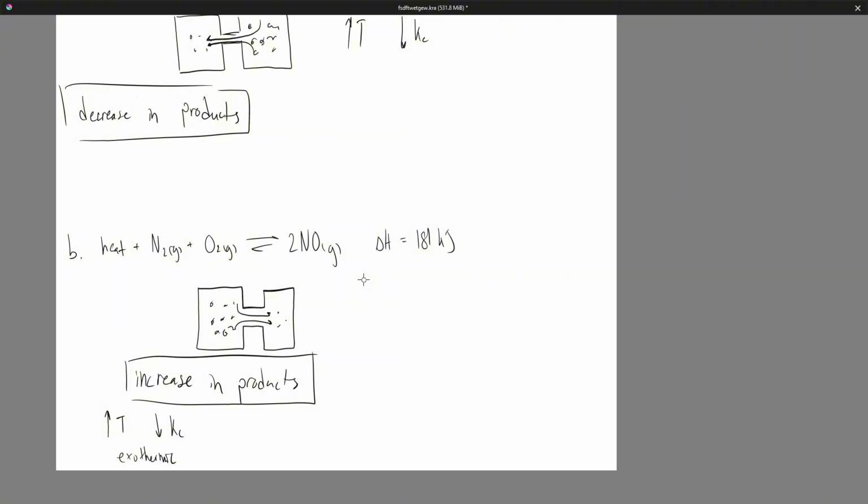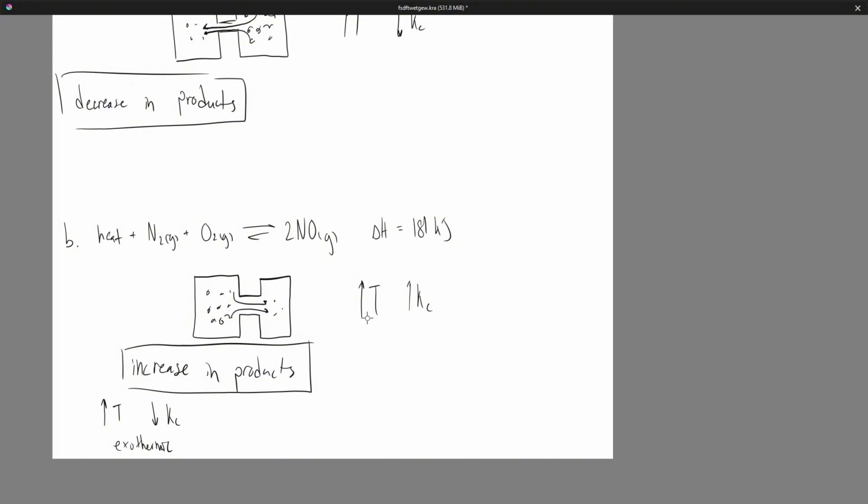And for endothermic reactions, it's the opposite. They're proportionate to one another. So an increase in temperature is an increase in Kc.